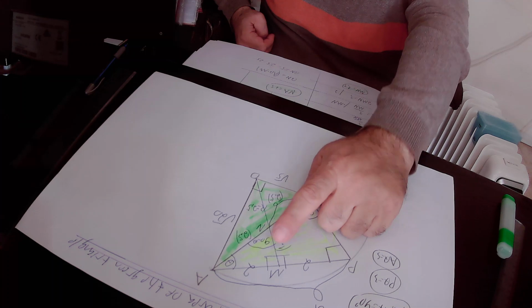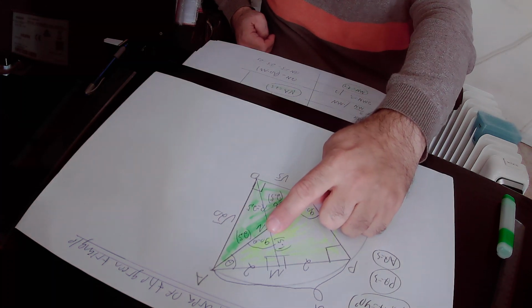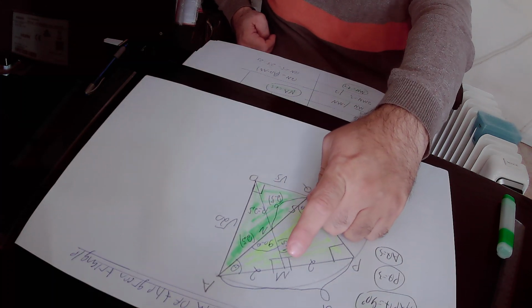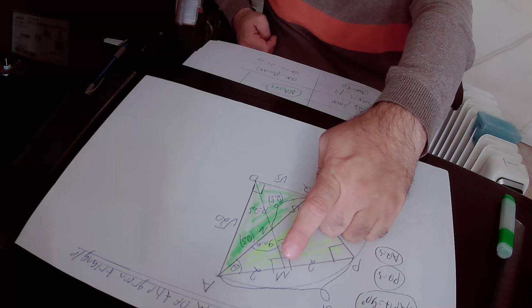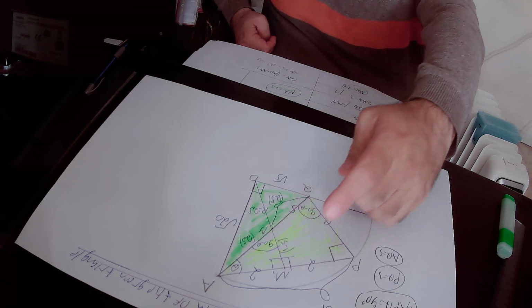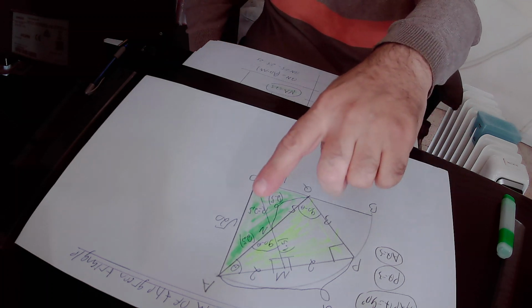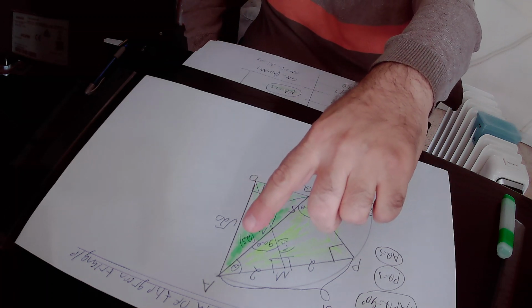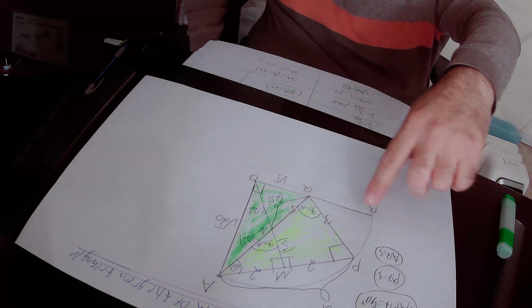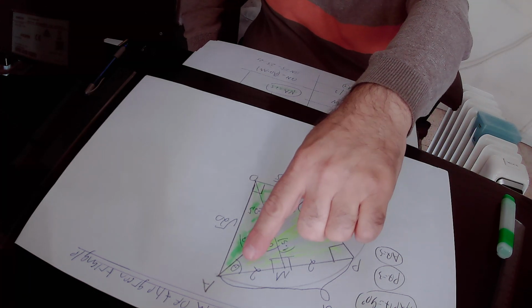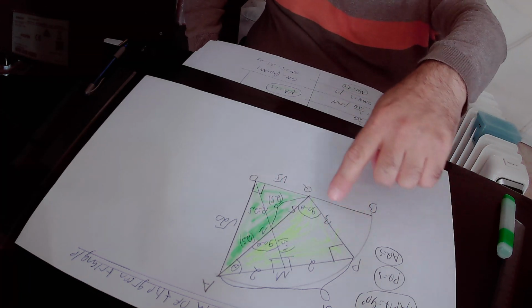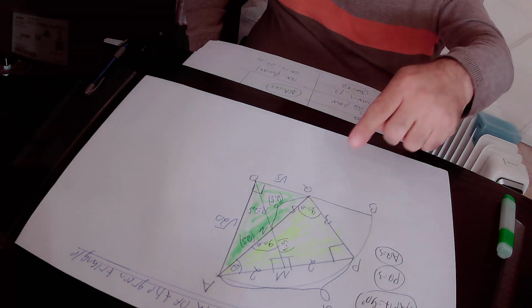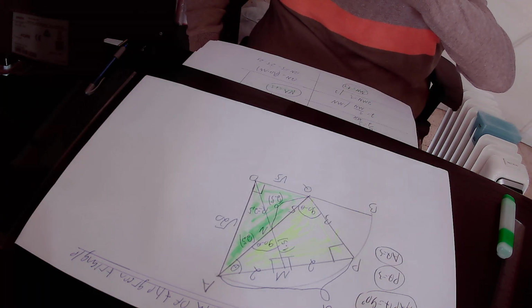Why? Because 90 degrees minus theta plus theta is 90 degrees, and 90 degrees plus 90 degrees is 180 degrees, the sum of the angles in any triangle. Likewise, in the big right triangle APQ, this angle equals theta, this angle equals 90 degrees, therefore the missing angle must be equal to 90 degrees minus theta.